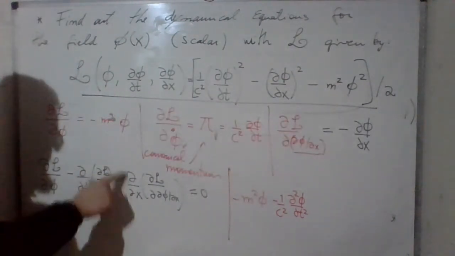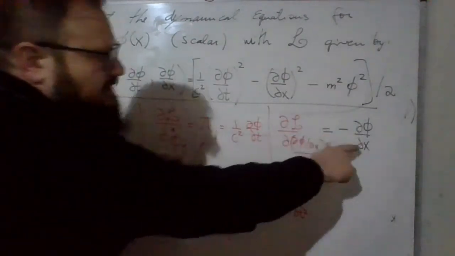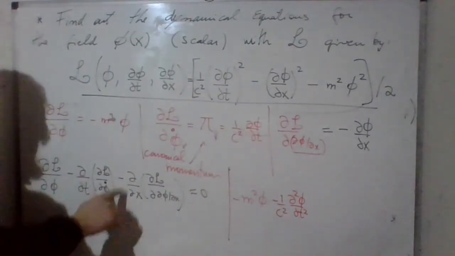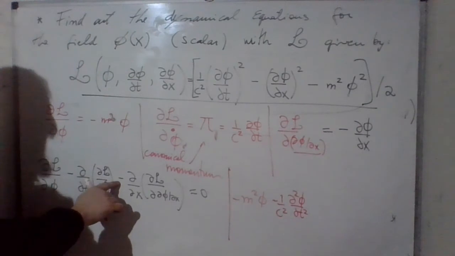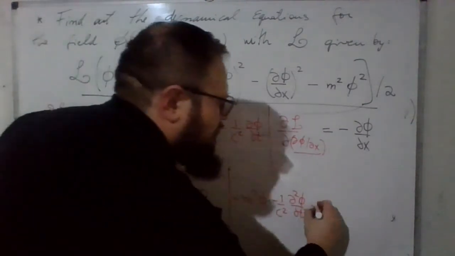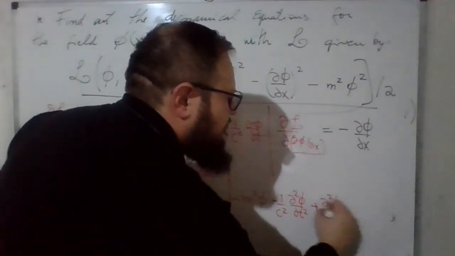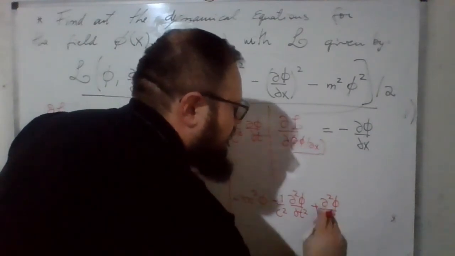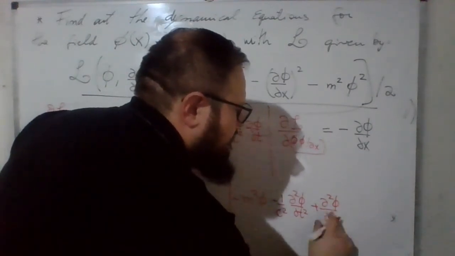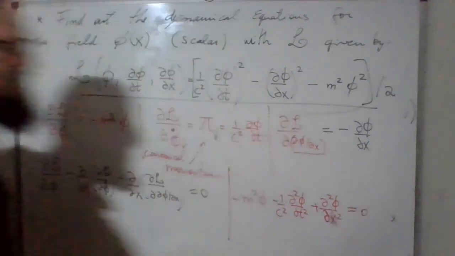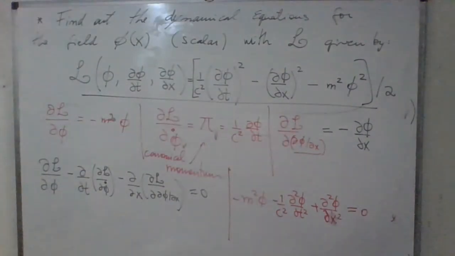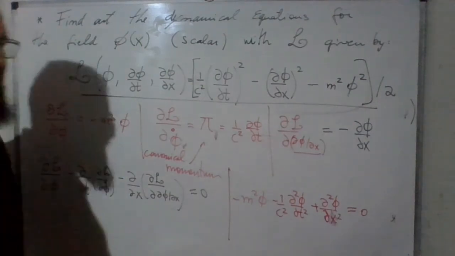The derivative with respect to x of a first derivative becomes a second order derivative, but there is a minus sign coming from here, which cancels out this one. So plus the second order derivative with respect to x of phi, and this is equal to 0. Okay. So this is it.